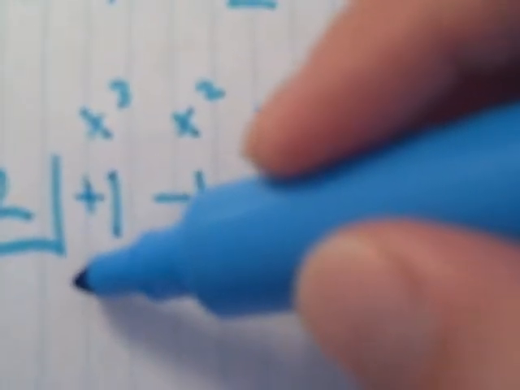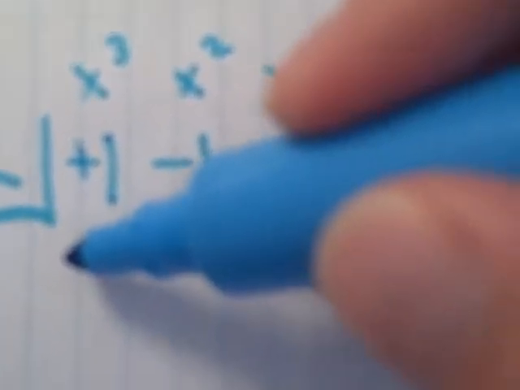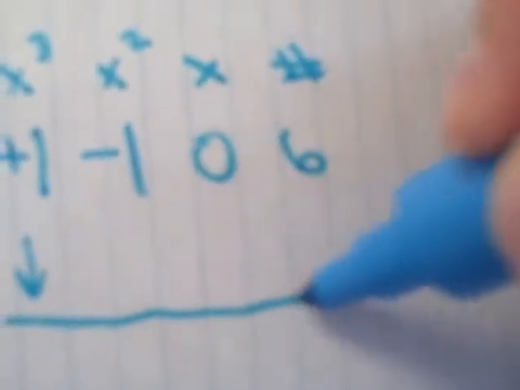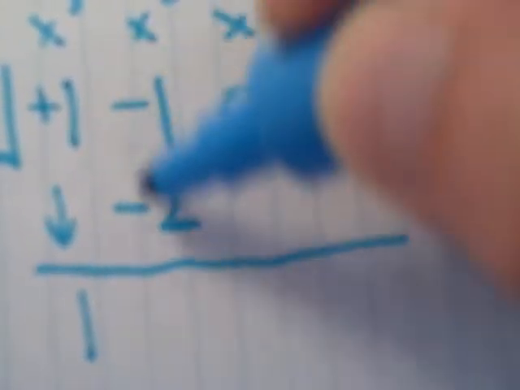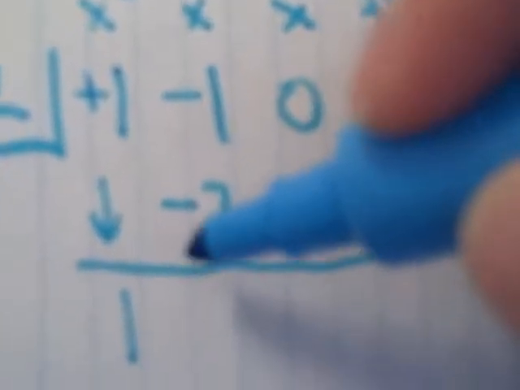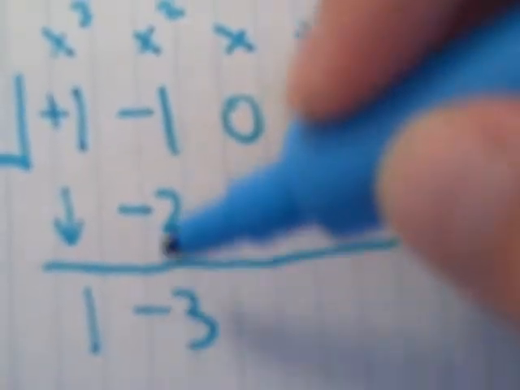So just by synthetic division rules, you would just automatically bring down the 1. Make sure you multiply it by your divisor, which is negative 2, and that equals 1 times negative 2, which would equal negative 2, and then you would just add when you bring them down. So that would be negative 3.